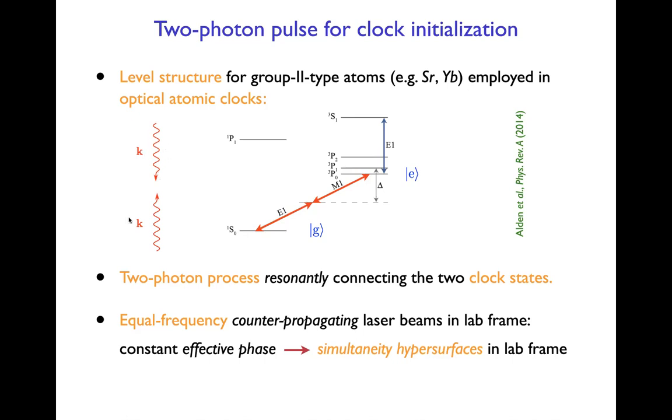They drive what is called a two-photon process, a transition between these two. So if you choose the frequency of these two counter-propagating beams to be exactly half of the frequency that corresponds to the energy difference between the two clock states, you can drive transitions between these two.